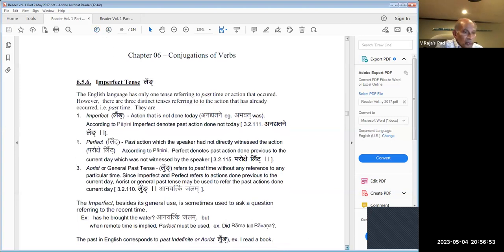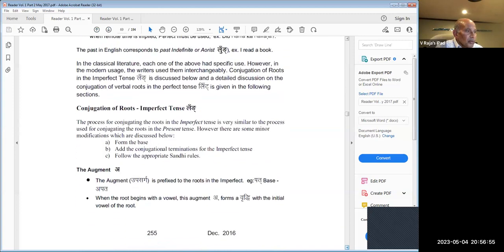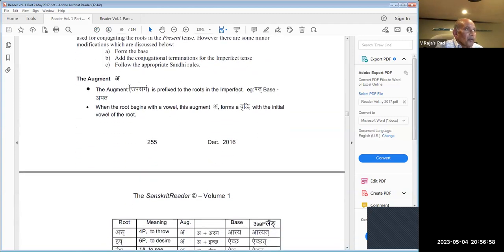And what I did was, when you add that, let's say the root is us, and you're adding a in front of that, then there is a big issue there. When the root starts with a vowel, you don't follow normal sandhi. You take the vruddhi of that root's first letter.